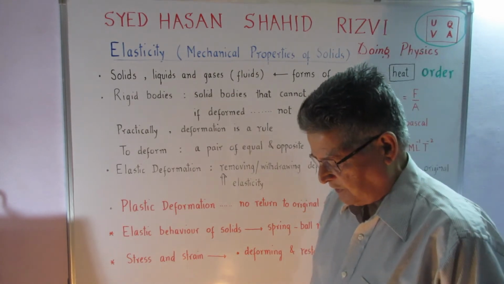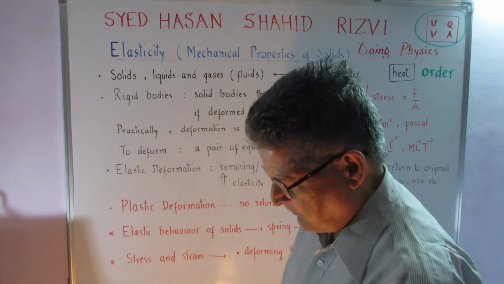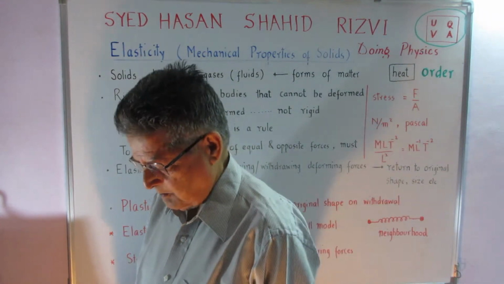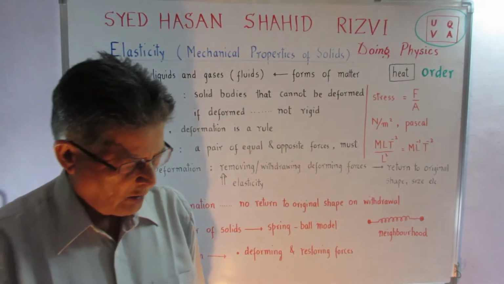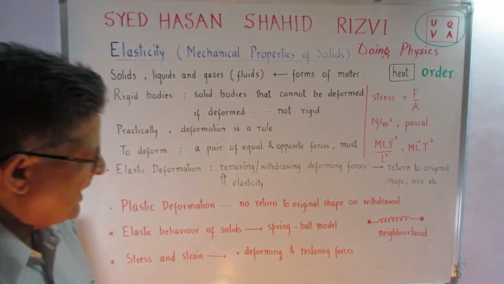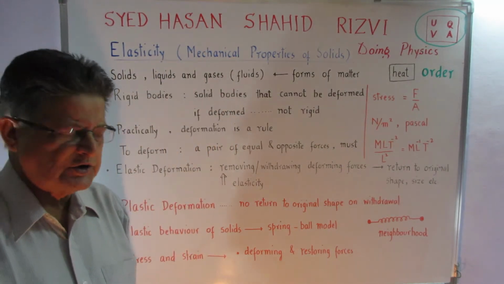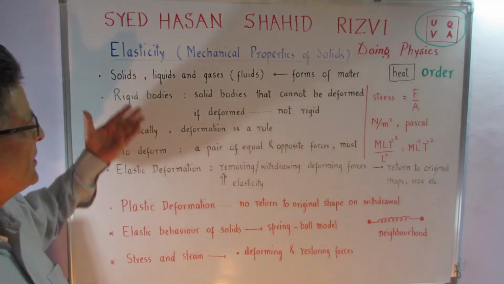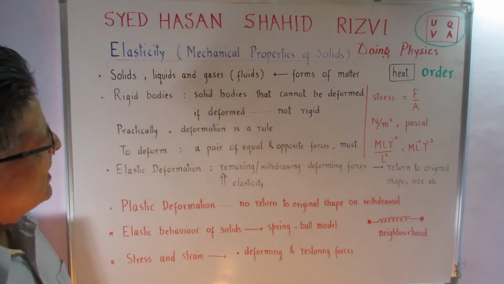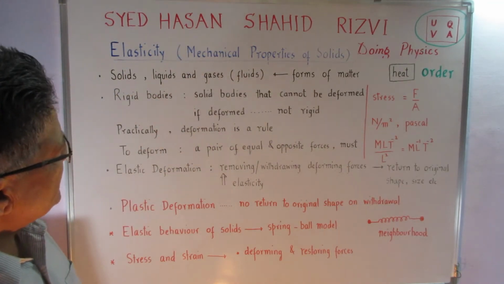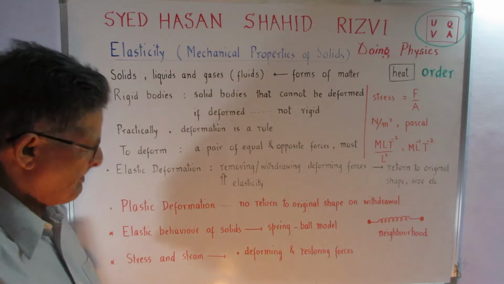They interact with each other, they have a binding with each other, and they have a binding energy which is obtained in the case of solids, but less so in the case of liquids and gases.